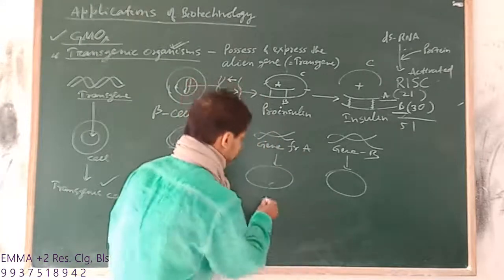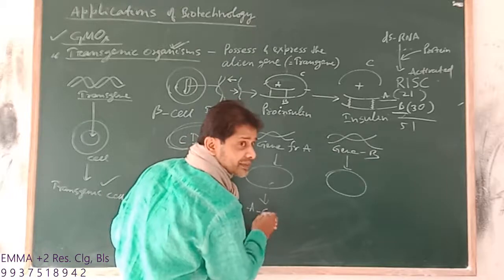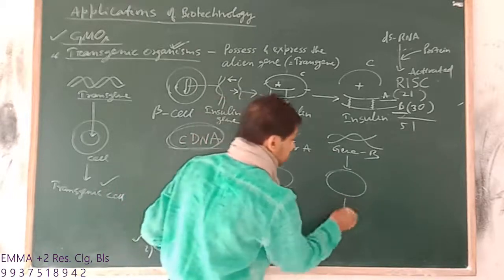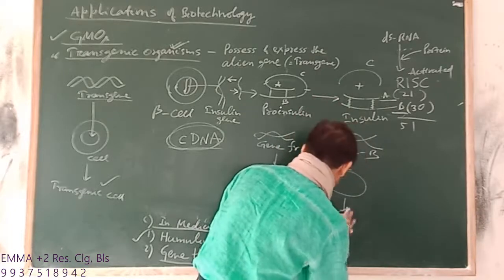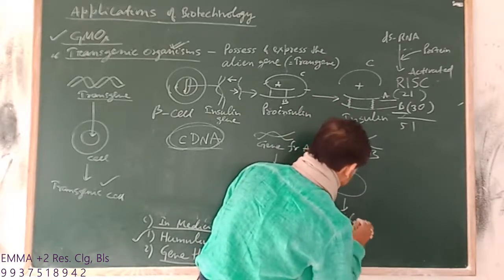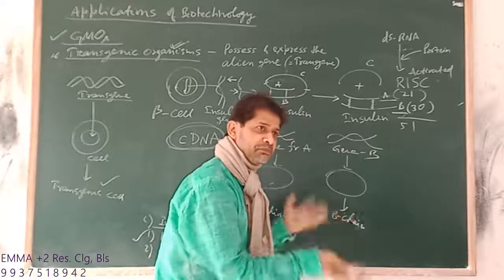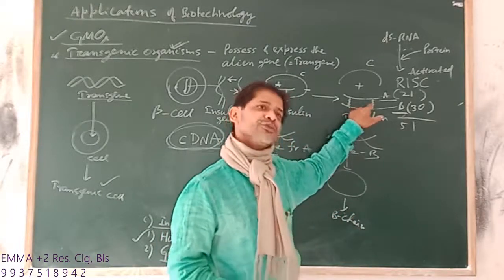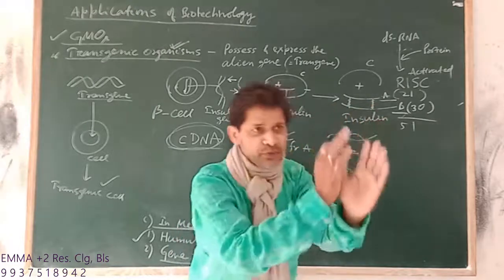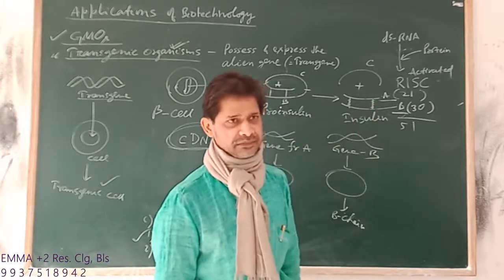Finally we obtain the A chain here in this fermenter, and the B chain. Now we mix these two chains, so a disulfide bond is automatically produced and the finished product Humulin is obtained.